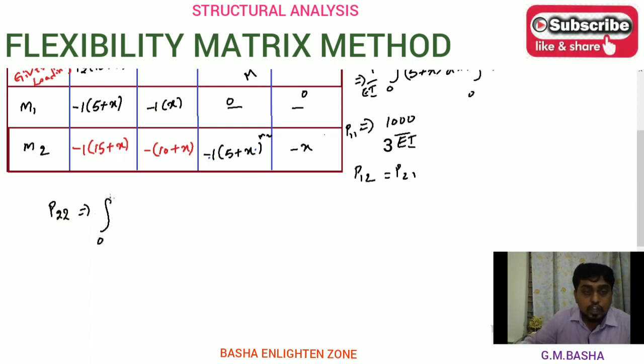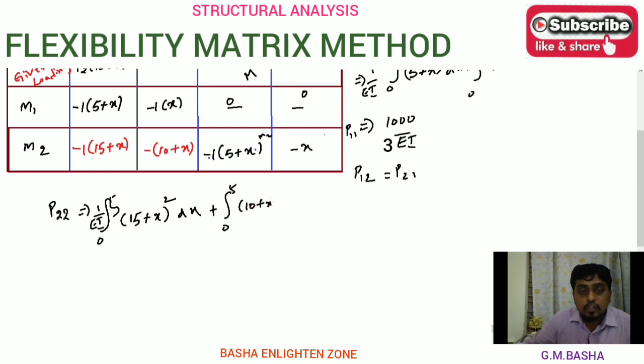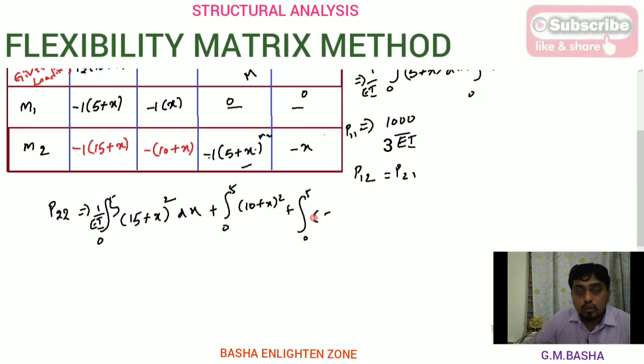So that is 0 to L, 15 plus x whole square, into dx, if you take 1 by I common outside for all the things, plus the integral of 0 to 5. In place of L you take 5. Again 10 plus x whole square. Again for the remaining portion, for this portion, 0 to 5, plus x whole square into dx, plus 0 to L.